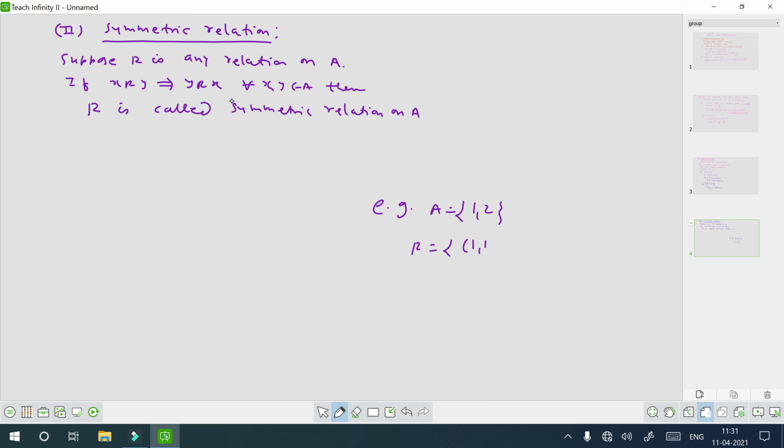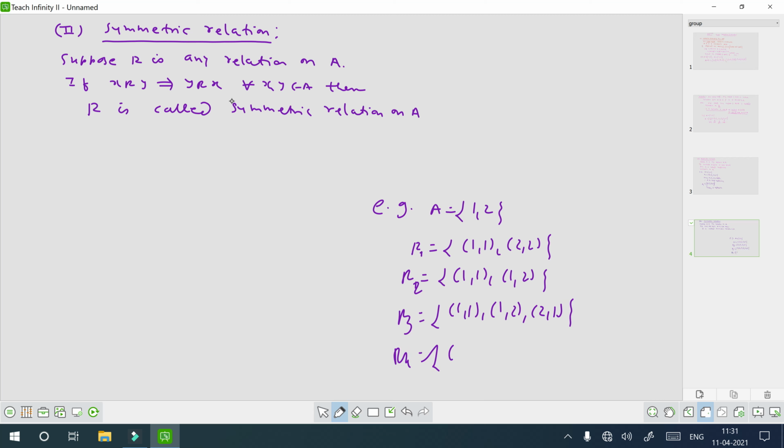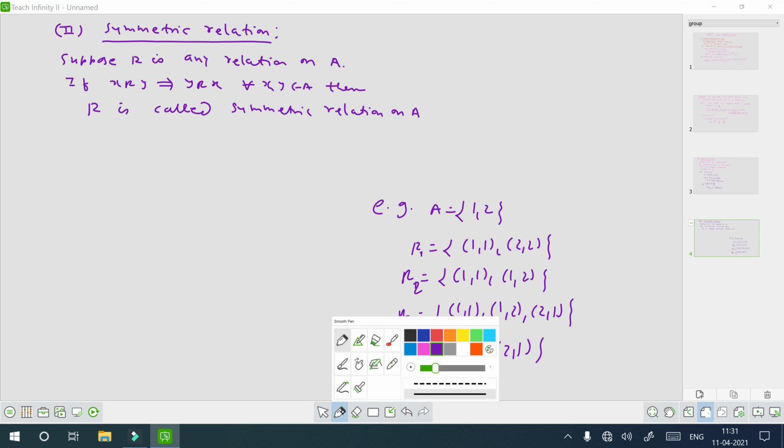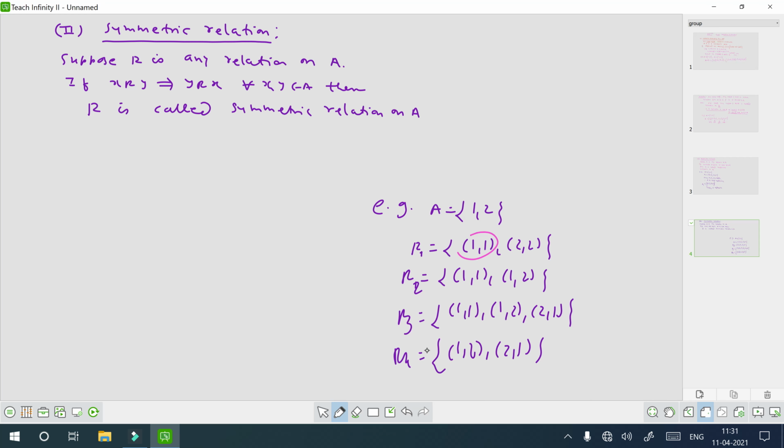For example, see here, A = {1, 2}. R1 = {(1,1), (2,2)}. R2 = {(1,1), (1,2)}. R3 = {(1,1), (1,2), (2,1)}. R4 = {(1,2), (2,1)}. Here in (1,1) and (2,2), x is equal to y.